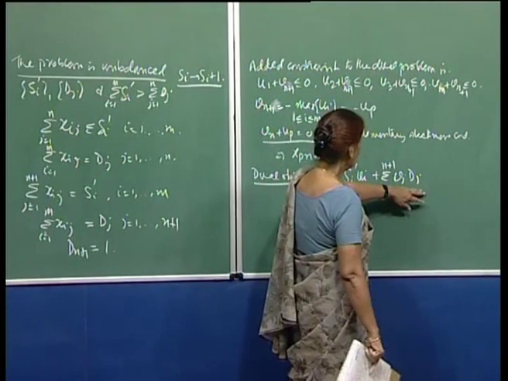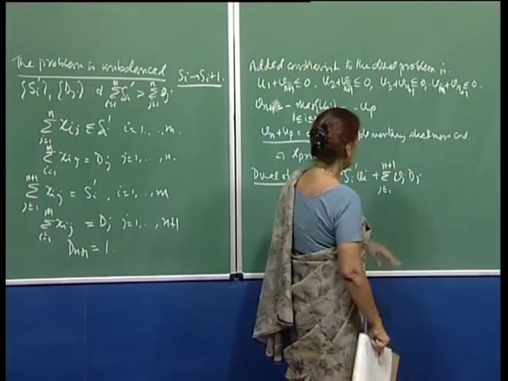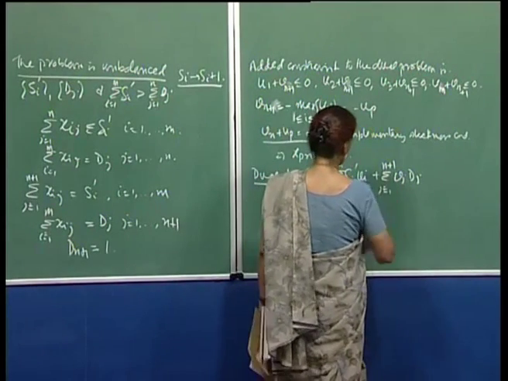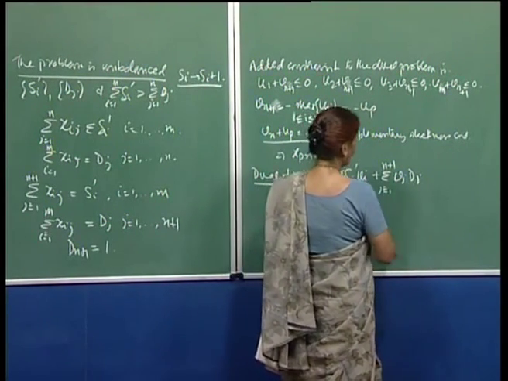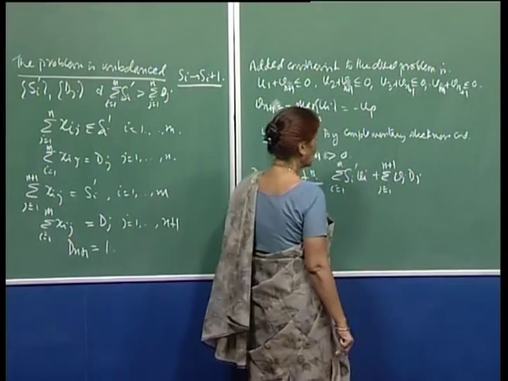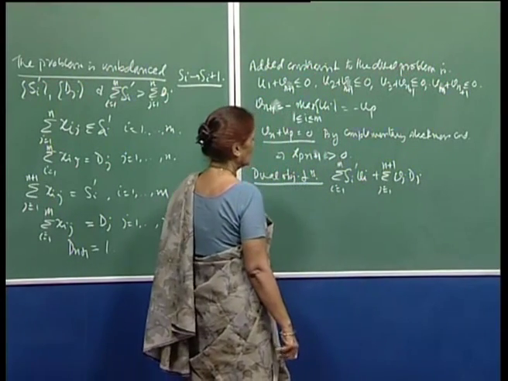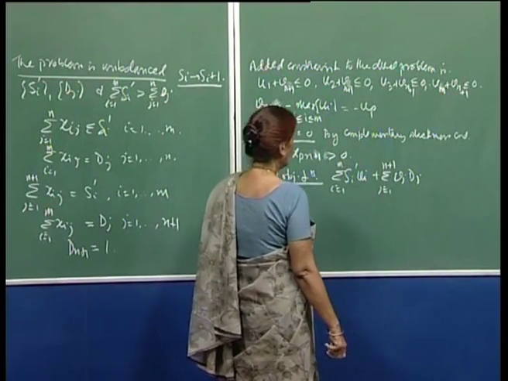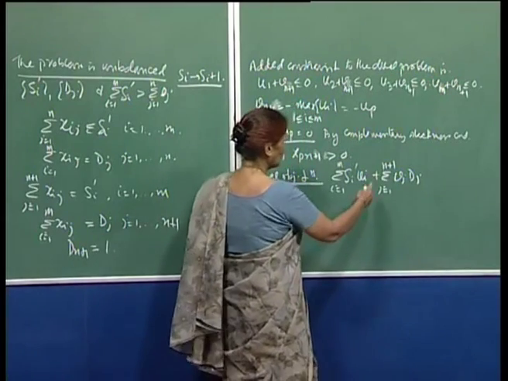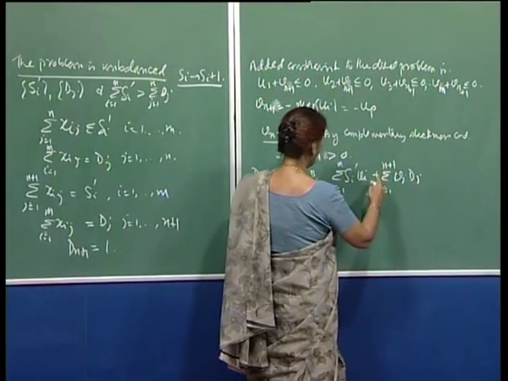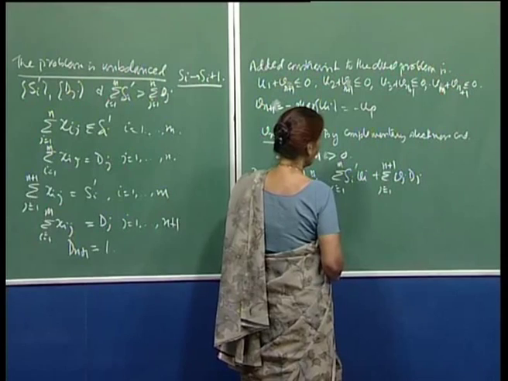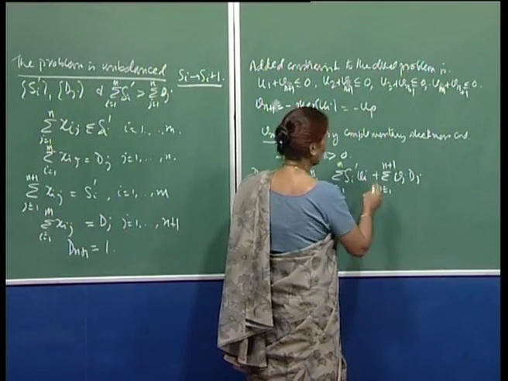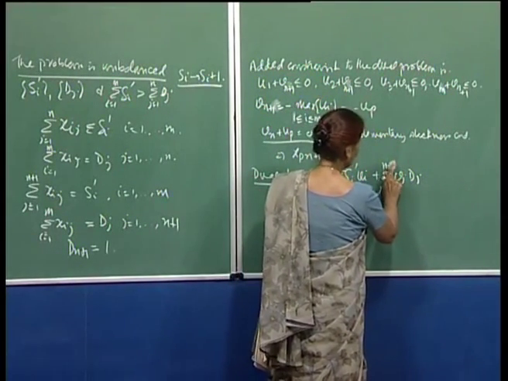I do not have to take it to n plus 1, because I am referring to the original problem. In the original problem I am trying to compute the difference in the cost.